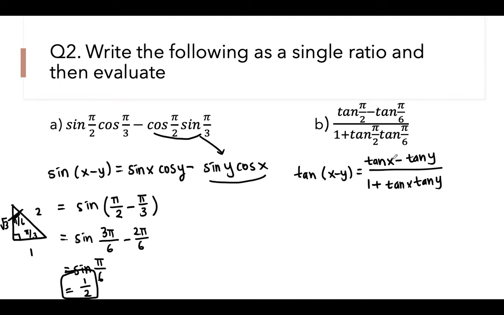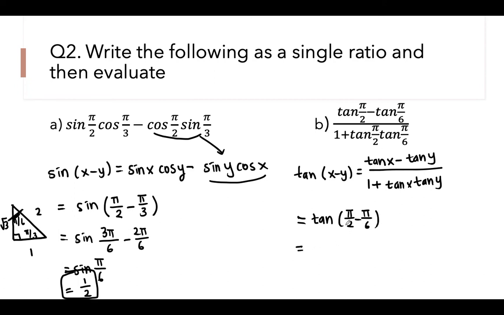So it looks like x could be replaced with pi over 2, and y is replaced with pi over 6. So equal sign, tangent, pi over 2 minus pi over 6.